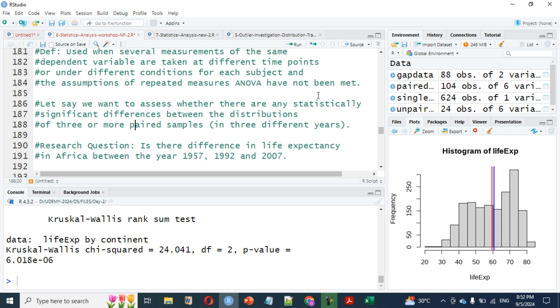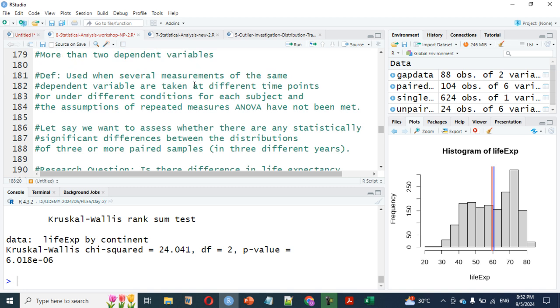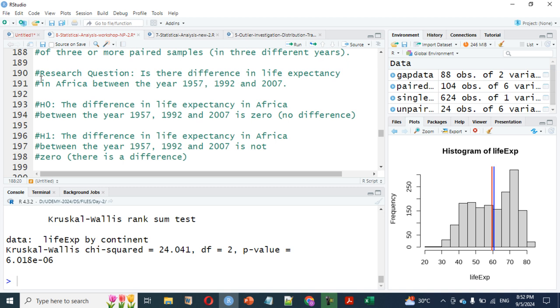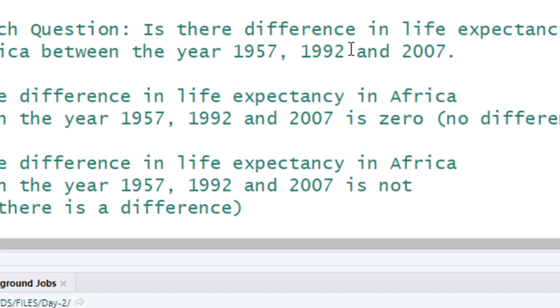We have the different years. We want to see if there's a difference between the distributions of the 3 or more paired samples, right? So this one is dealing with a repeated approach. Let's say we start with such a question: is there a difference in the life expectancy in Africa between this year and this year?